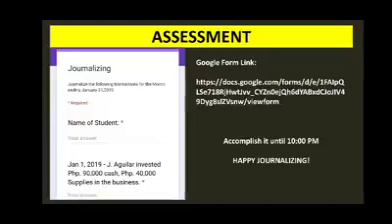But first, answer this HOTS question: Why do we need to journalize the transactions in the general journal? And then next would be: why do we need to classify those transactions in the general ledger?